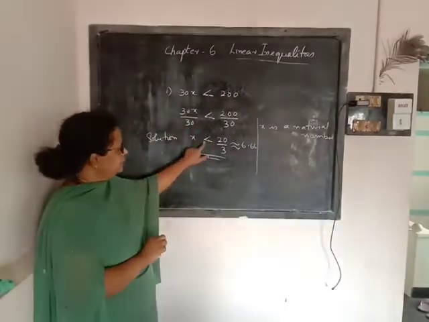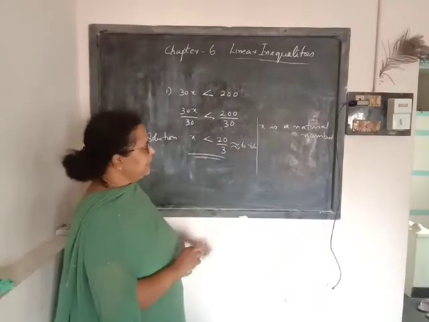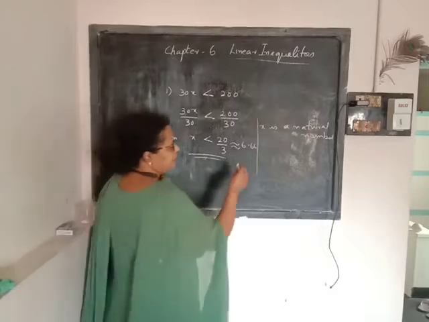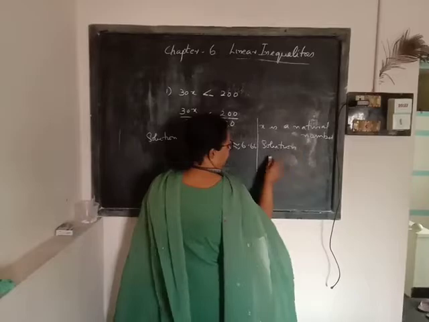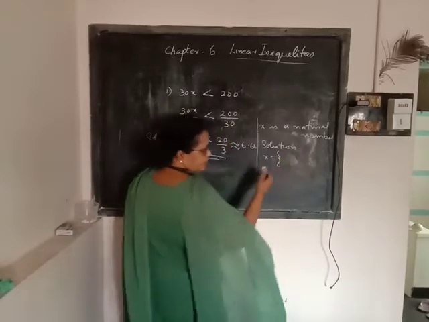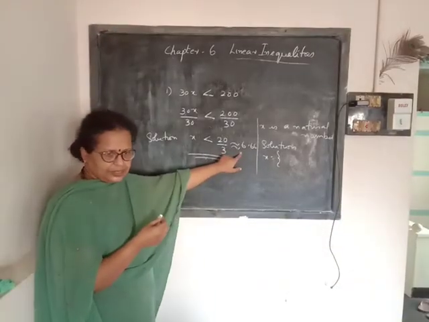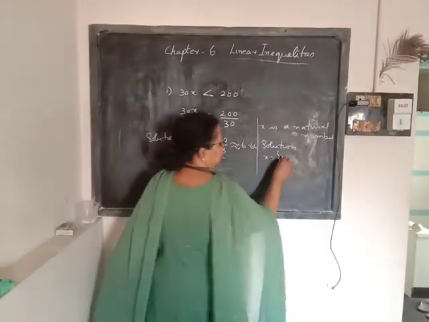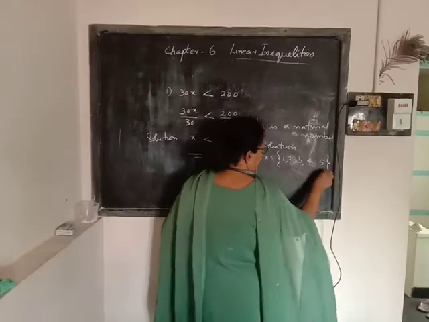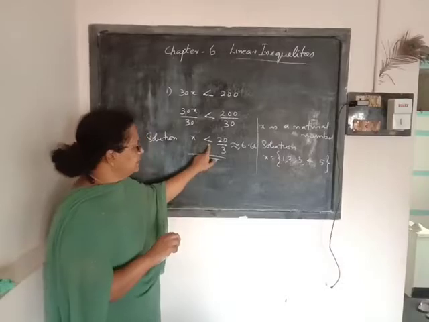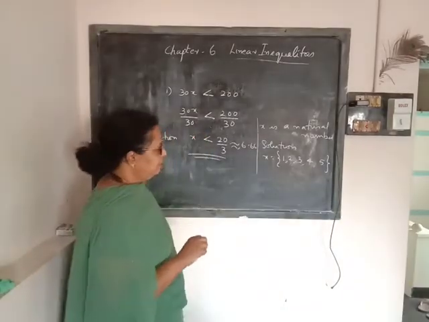So, strictly less than 6, isn't it? So, if it is given x is a natural number, what is the solution? x is a natural number less than 6, so the solution is 1, 2, 3, 4, 5. I can't write 6 because it is strictly less than 6.